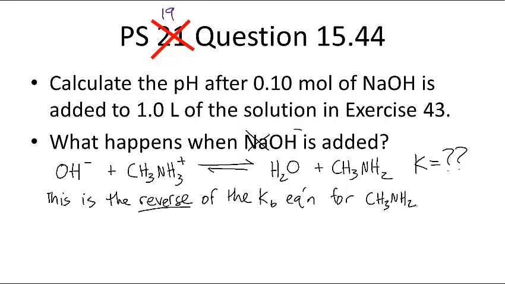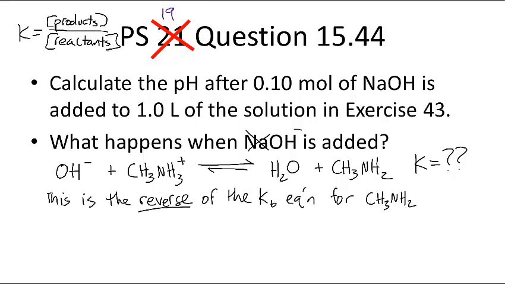So when I reverse an equation, what's going to happen to its K value? Remember, in general, K equals products over reactants. If I reverse the equation, what am I doing with products and reactants? Switching. So I'm taking the reciprocal.